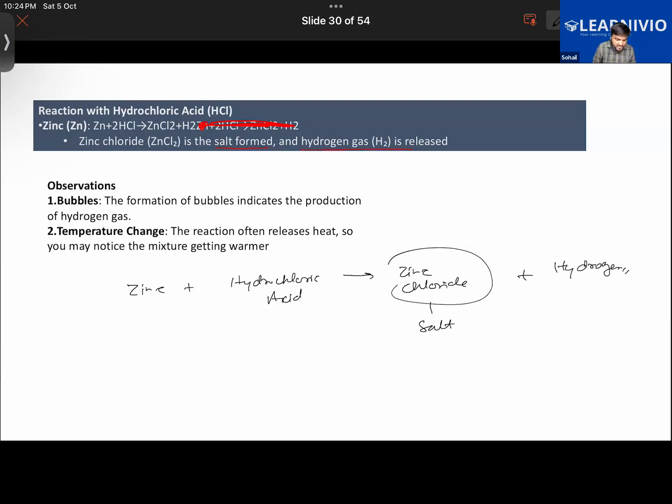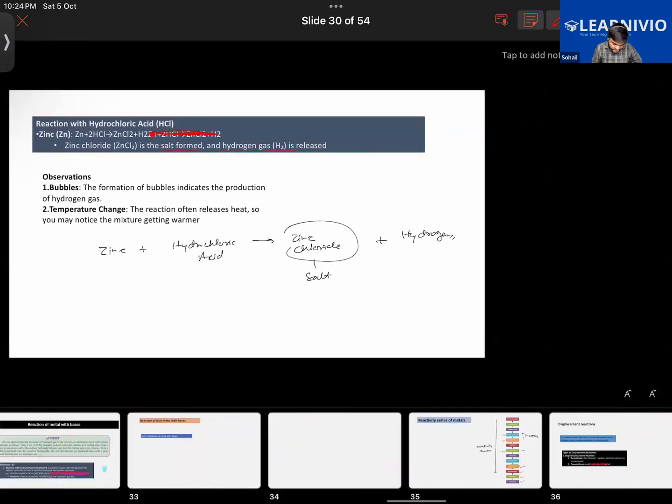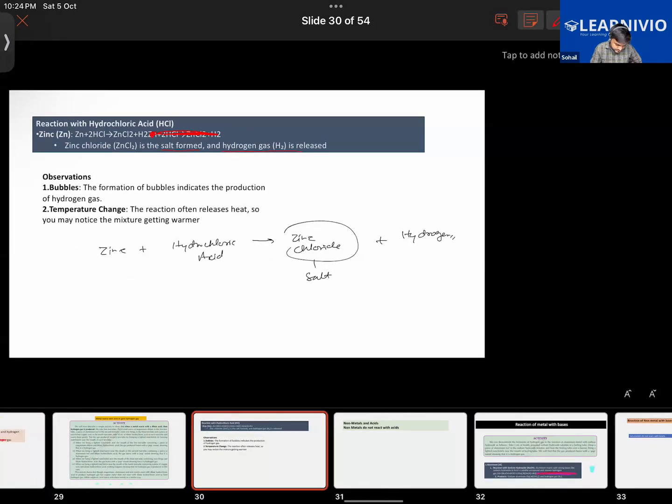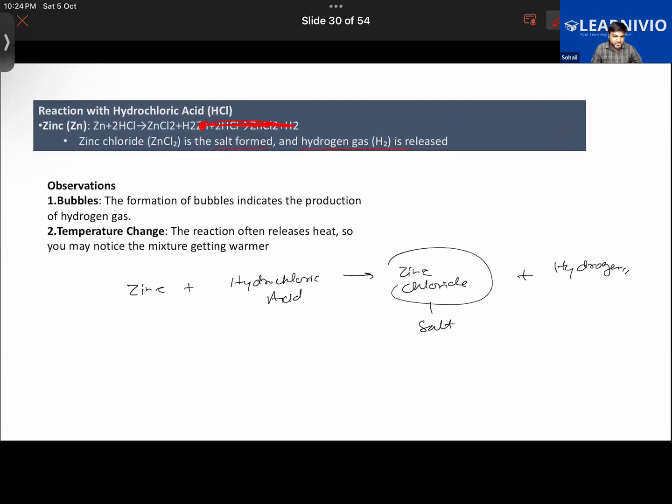So our observation in the reaction of metal with acid is that bubbles would be formed, and the bubbles indicate the production of hydrogen gas. Another thing we have seen is that the temperature will also change because when the reaction takes place, if you were to touch the test tube, it might become warmer.